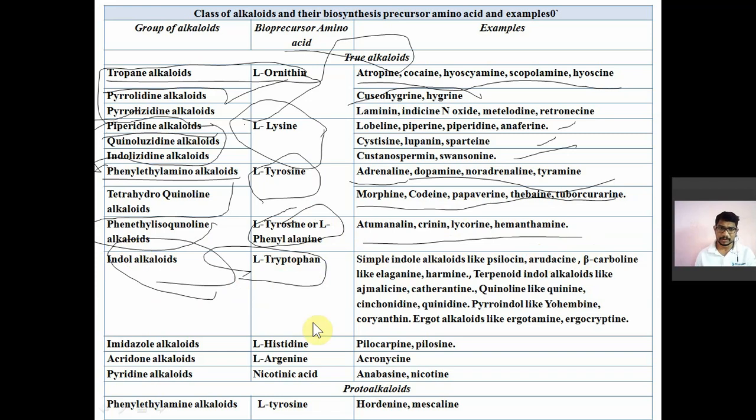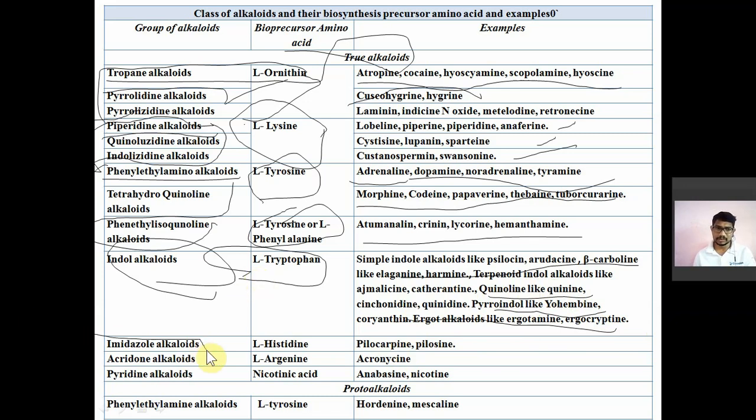There are different classes of indole alkaloids: simple indole, pseudoindole, oxyindole, dihydroindole, etc. For example, psilocin, then ergotamine, beta carboline, harmine, then quinoline type of alkaloids like quinine, quinidine, cinchonidine, then yohimbine, pseudoindole type is yohimbine, quinoline type is quinine, quinidine, cinchonidine, then ergot alkaloids like ergotamine, ergocryptine. They are also synthesized from L-tryptophan amino acid.